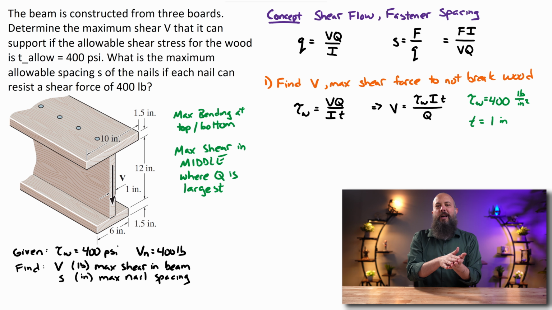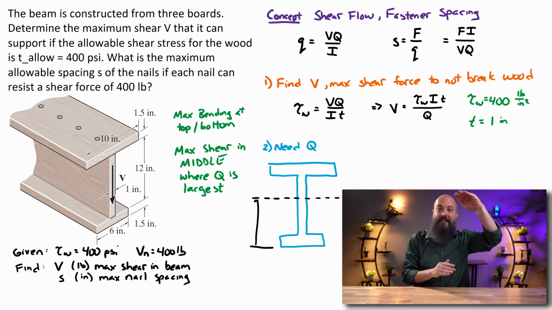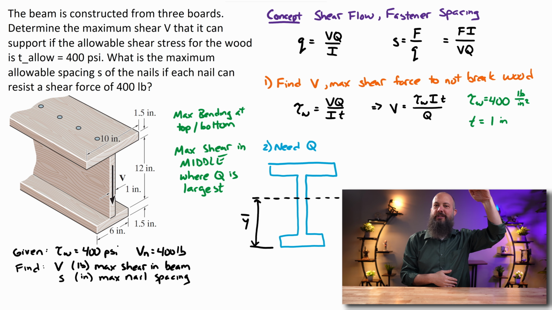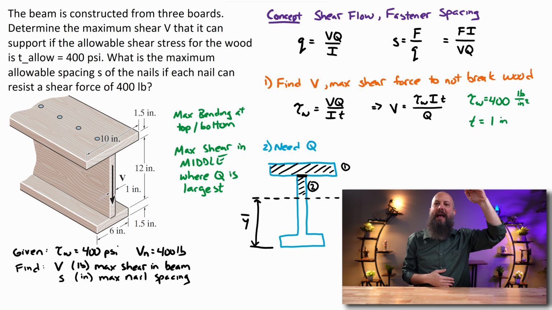Your Q, that first moment of area, is going to be largest in the middle because you have a ton of area up above it. At the very top of your beam, where bending is the largest, you have no area up above, and that means your Q is going to be 0. The place where you have maximum bending, you have 0 transverse shear.